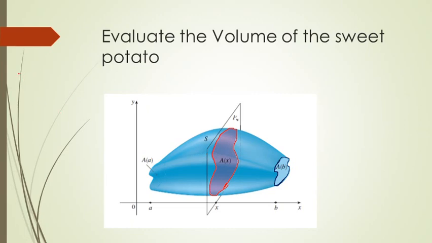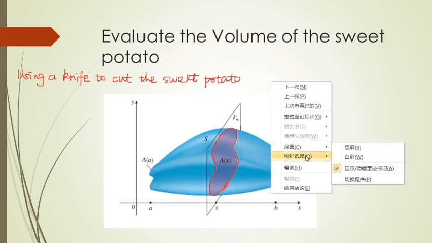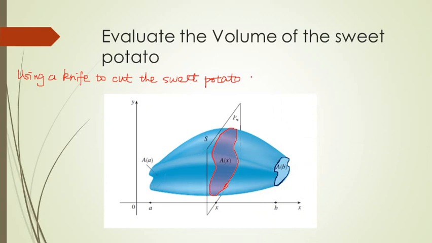Here we use a knife to cut the sweet potato, which means this solid, at the point X. Use a knife to cut the sweet potato at the point X. Then the cross-section region, or we call it the cross-sectional region.